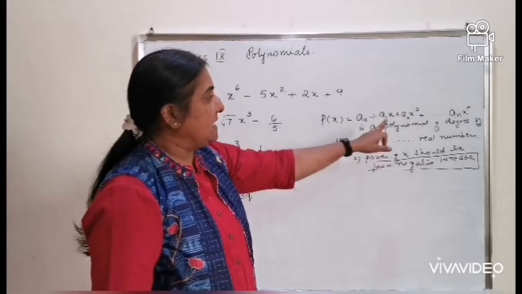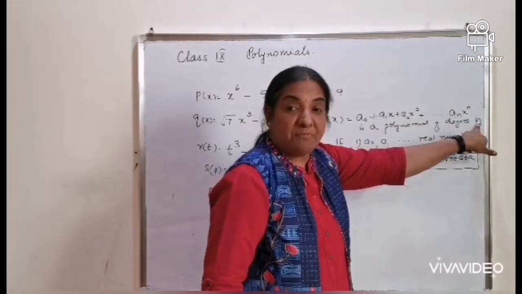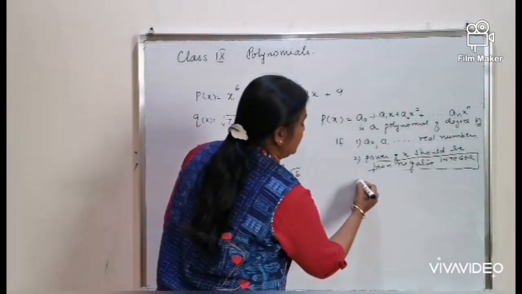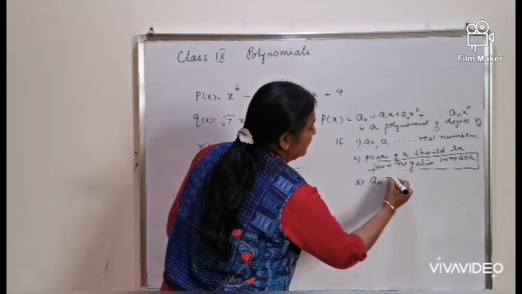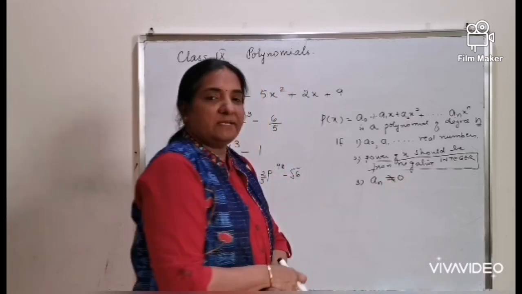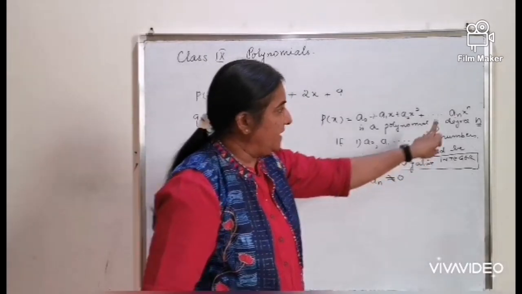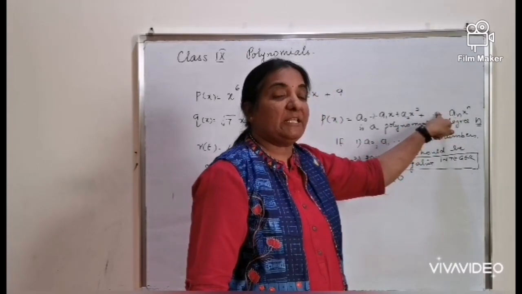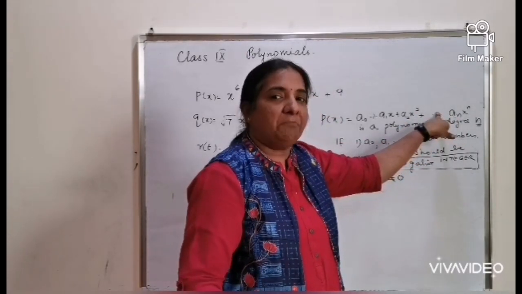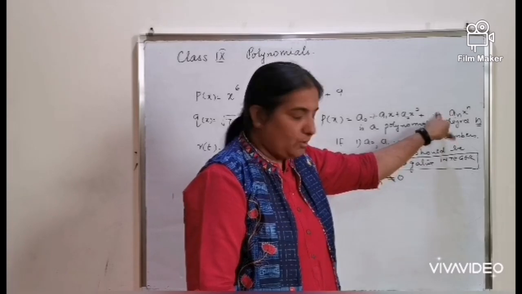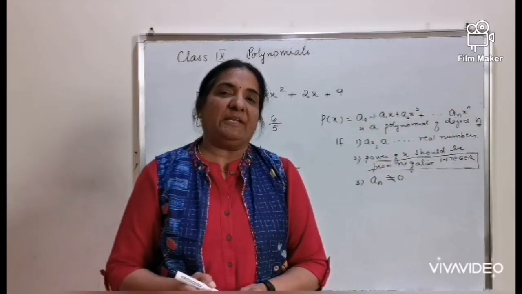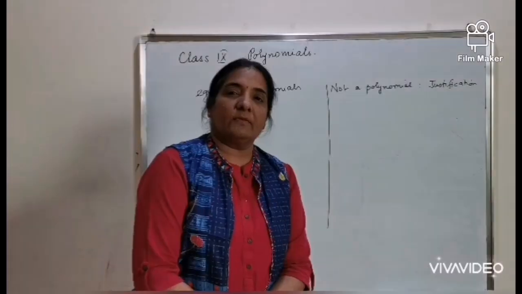And since the degree n is mentioned here, one more important condition is an term should not be 0. If an term is 0, the degree of the expression will be the previous one, n minus 1. Therefore, the third condition is an should not be equal to 0.